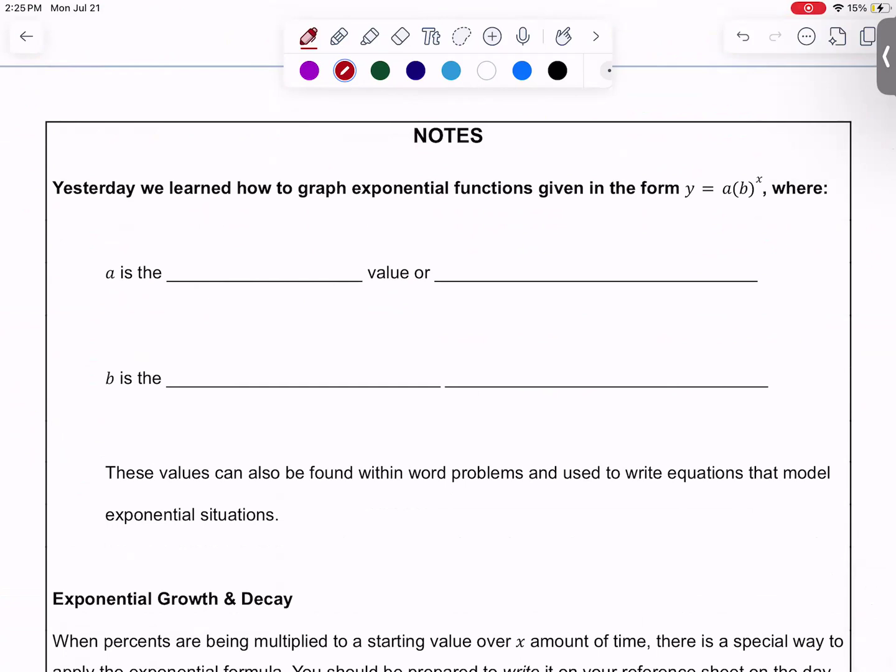It says yesterday, but that was last week. Last week, we learned how to graph exponential functions given in the form y equals a times b to the power of x, where a is the initial value or y-intercept.